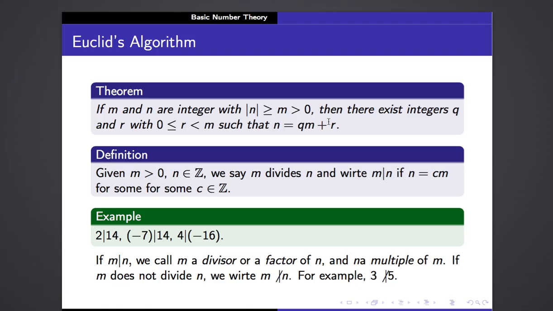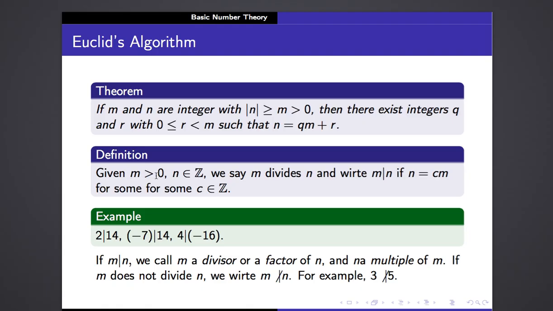In the previous theorem, the integer m divides n means that the remainder has to be 0. So we have the following definition naturally.